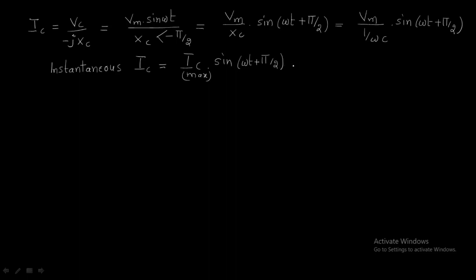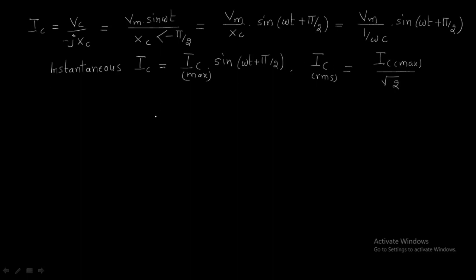From this we can write the RMS capacitive current. The RMS value of the capacitive current equals the maximum capacitive current by root 2. This is the capacitive current.